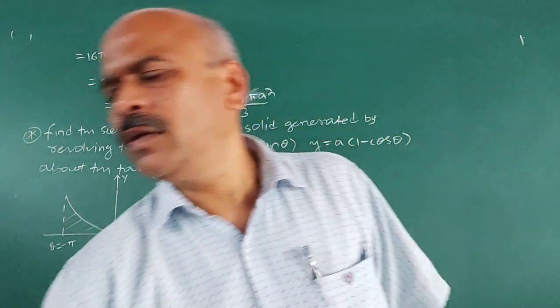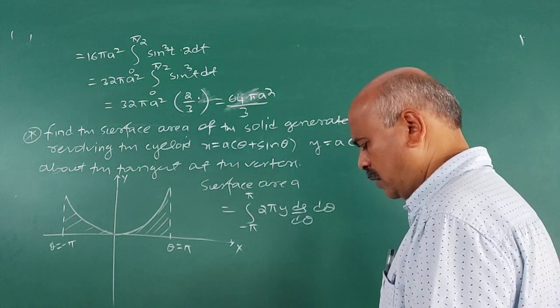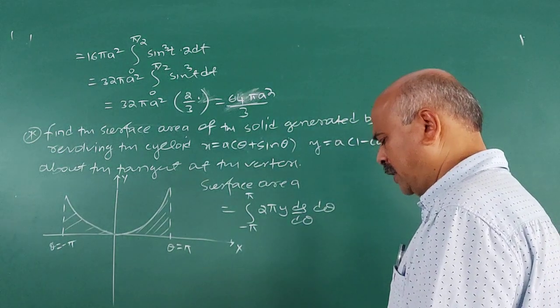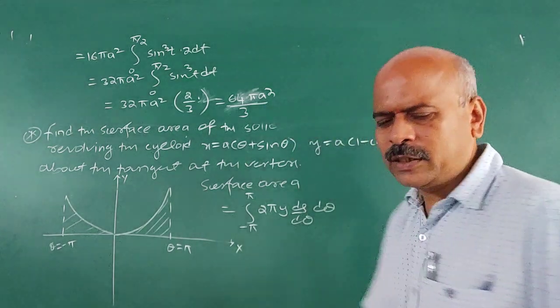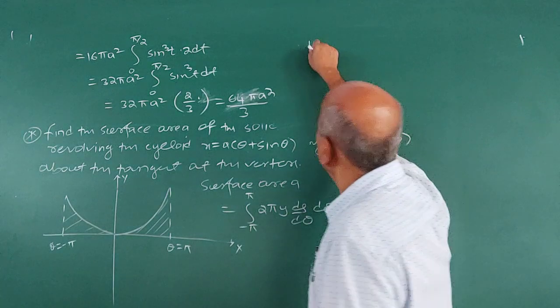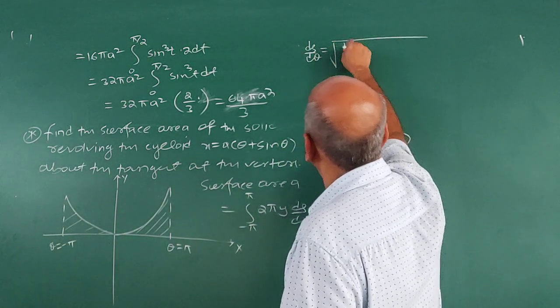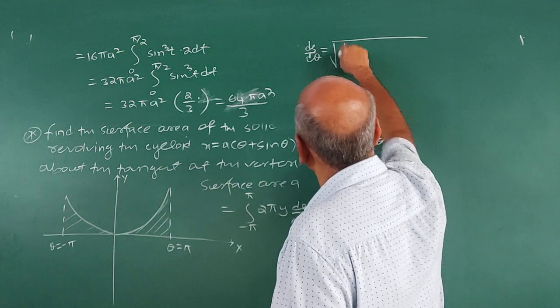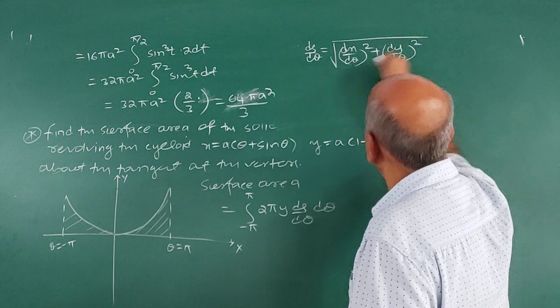So what do you have to find out? Find out ds by d theta. What is ds by d theta? ds by d theta is square root of dx by d theta square plus dy by d theta square.